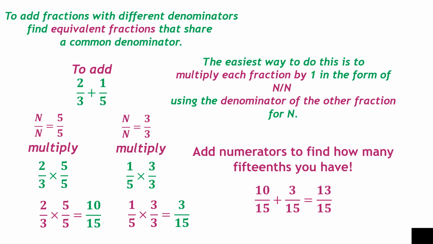If we were going to add 2/3 and 1/5, we would multiply 2/3 by 5/5, and we would multiply 1/5 by 3/3. We would find equivalent fractions that share the denominator 15. And if we don't feel like adding numerators, we can let Bear do that.